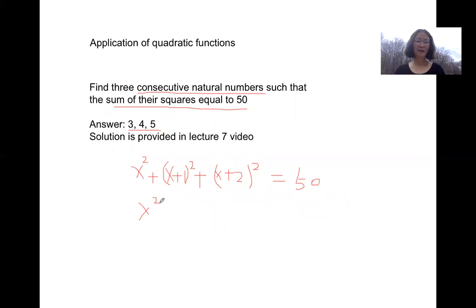So x squared plus the second item, use complete square formula, x squared plus 2x plus 1, and plus this item, x squared plus 4x plus 4, equal to 50.